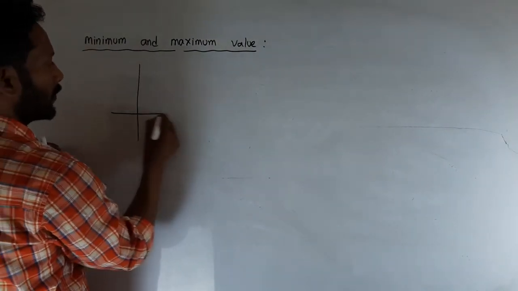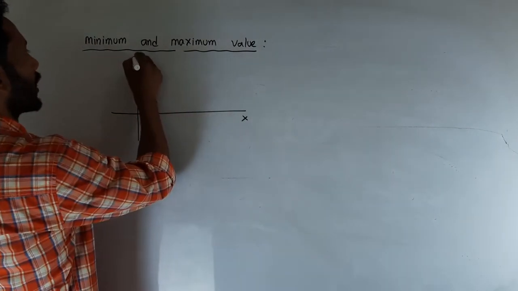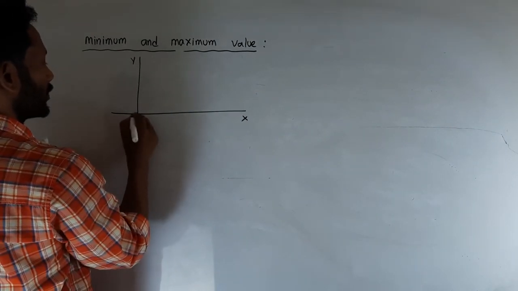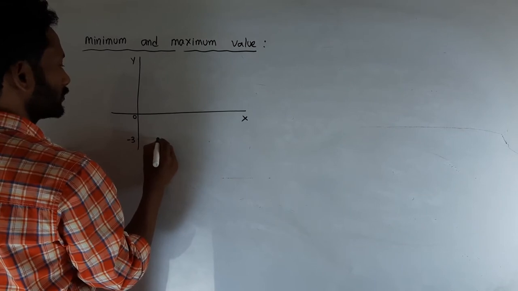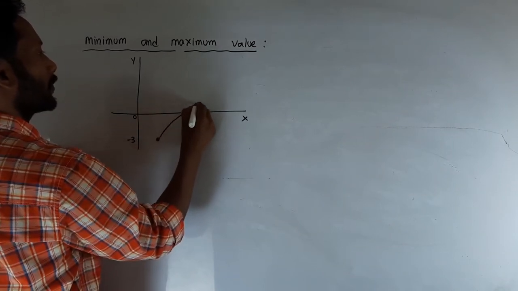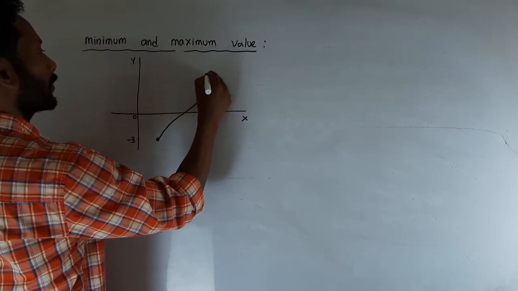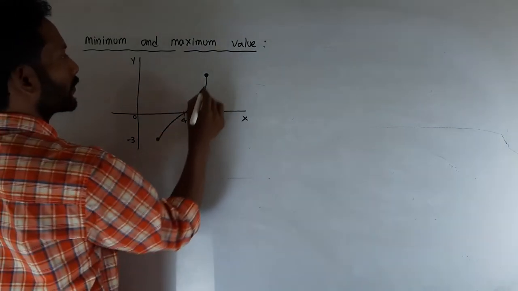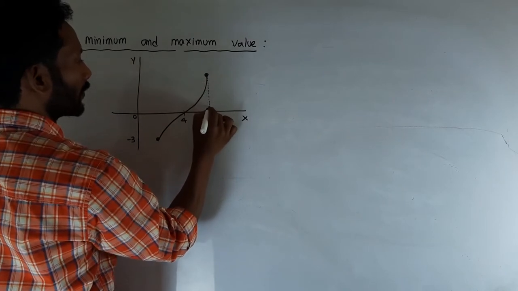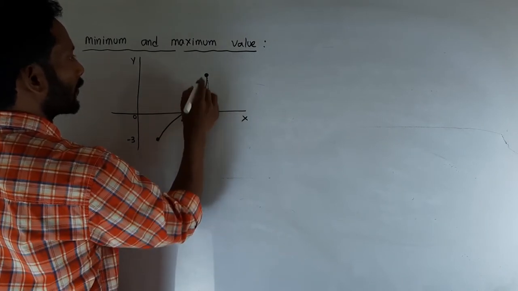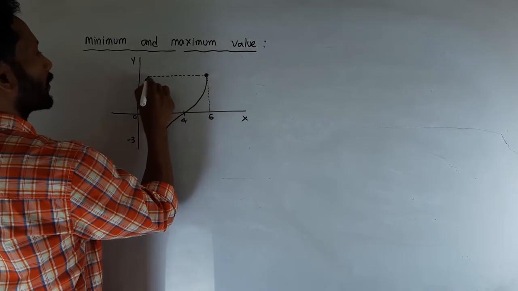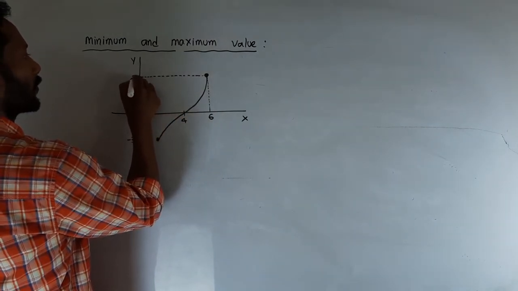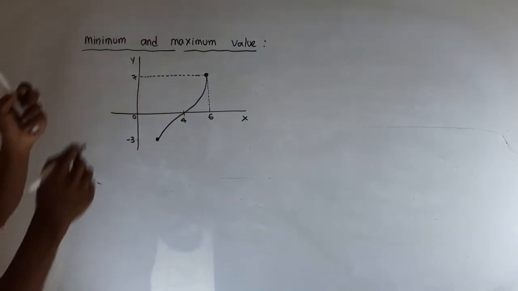So this is the graph, x-axis, y-axis. This point is -3, 0. Okay, this is the graph.